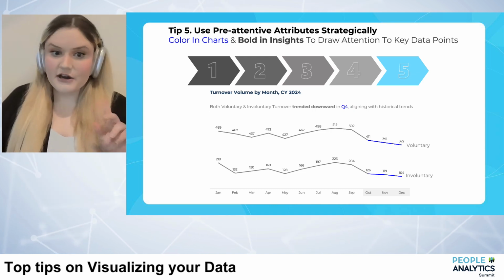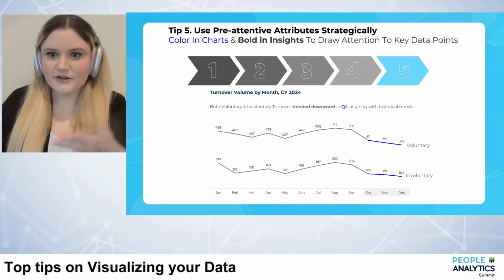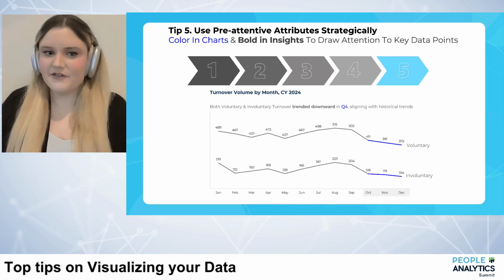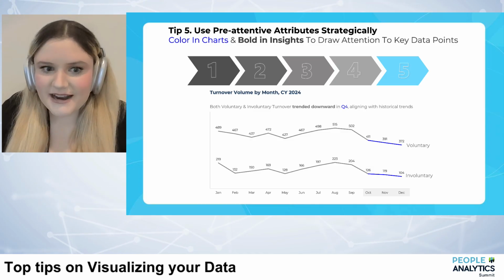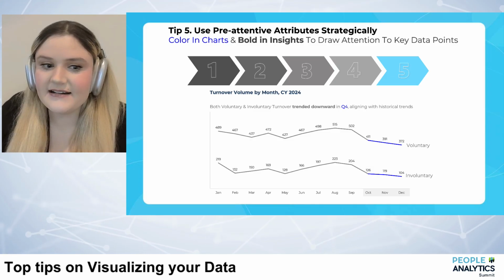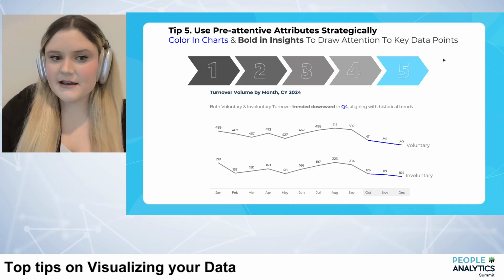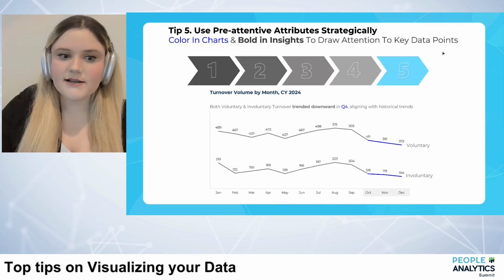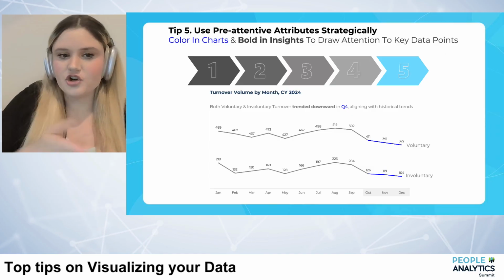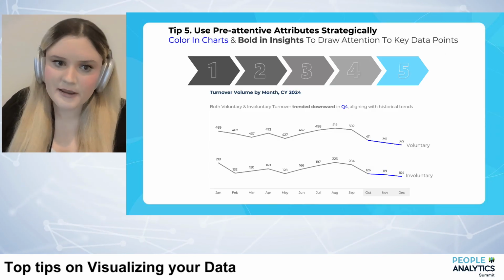The caveat here is that the audience has never seen involuntary as orange. So keep in mind, had you used that in previous slides, you'd want to keep that consistent. But yes, using color and bold strategically can really get the message across, and it draws your attention directly to the data points you want the audience to focus on.